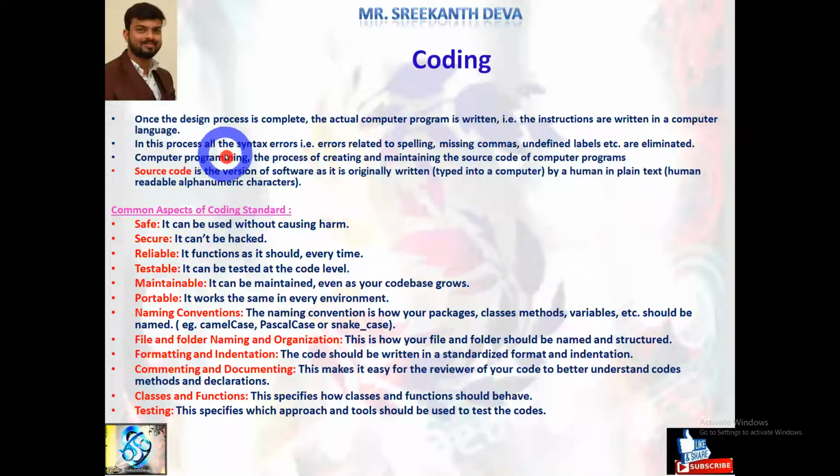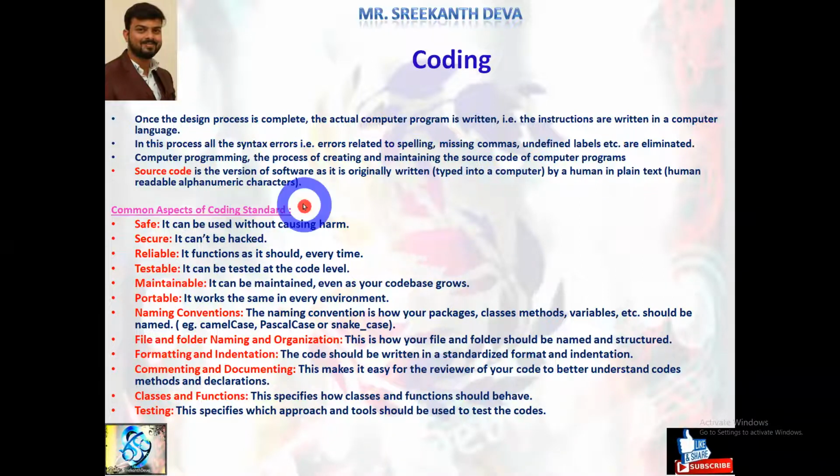In this process, all the syntax errors, errors related to spelling, missing commas, undefined labels, like syntax and semantics, are eliminated. Until compilation errors are cleared, you cannot go forward. Compile time errors and runtime errors should be eliminated. Then only we may get execution of that code.